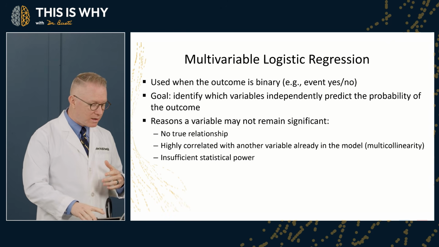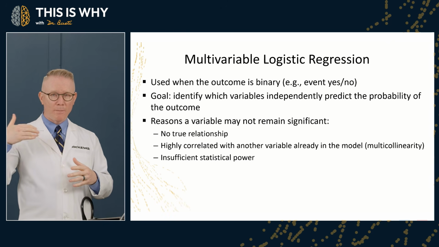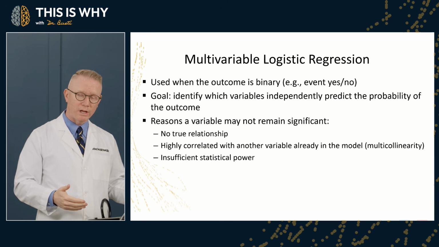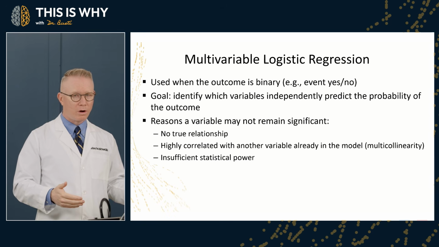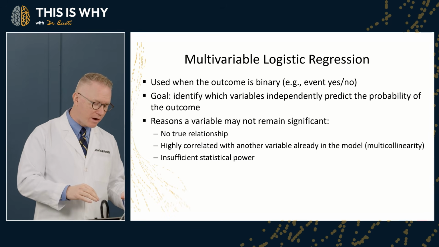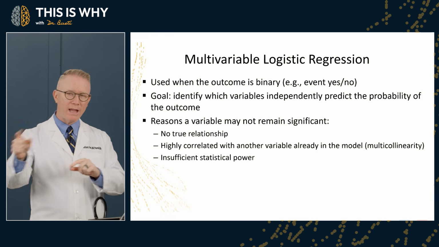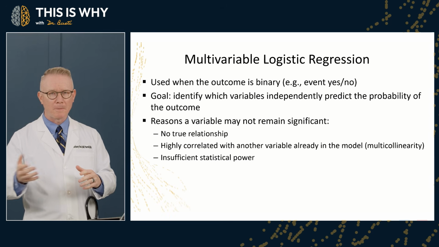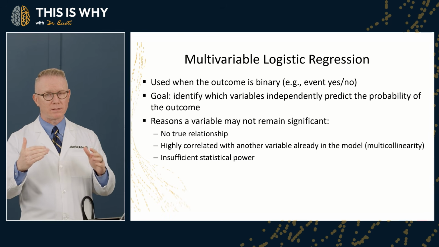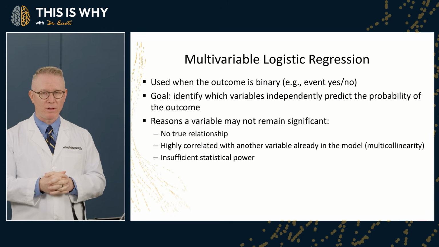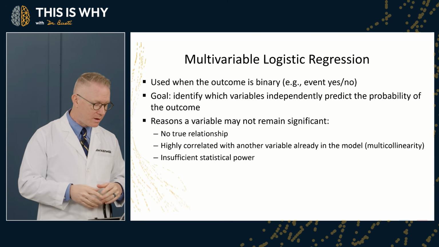And a reason that a variable may not remain significant is that there's no true relationship, or that it's highly correlated with another variable already in that model, and that's that multicollinearity, okay? We don't want that, typically that VIF, variance inflation factor, to be high.